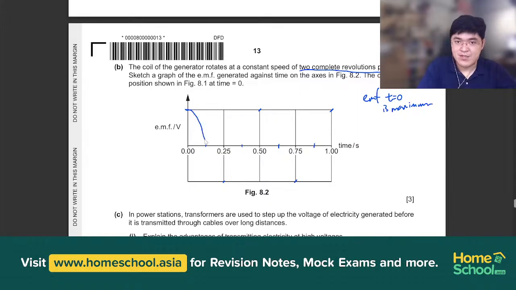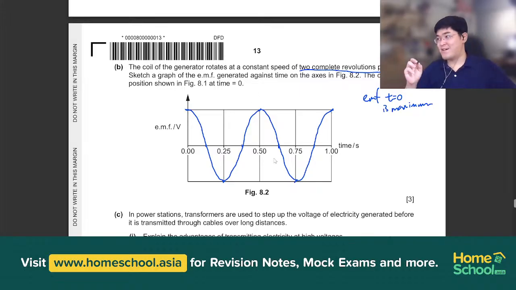So this should be straight down, then this should be like this, and this should be going back up, and this should be going back down again. And last but not least, one more time. Remember, this is a cosine graph.